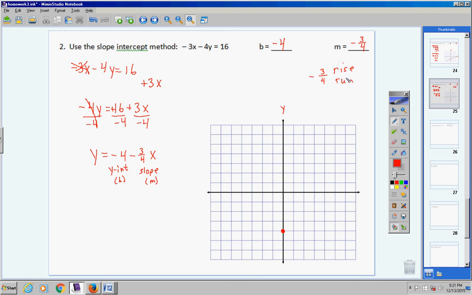Now look, you can put the negative sign in the top or you can put it in the bottom. It doesn't matter, but do not put a negative sign in both the top and the bottom.